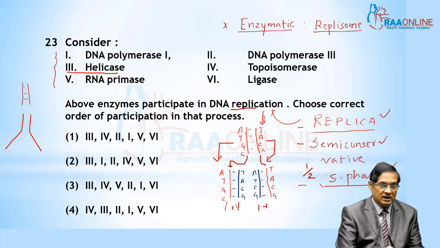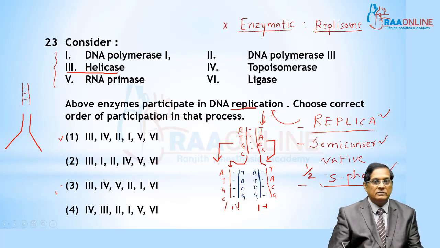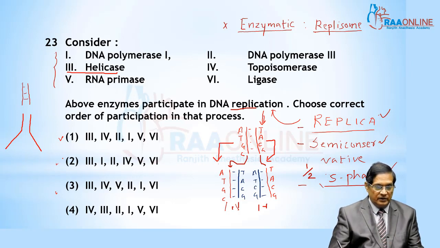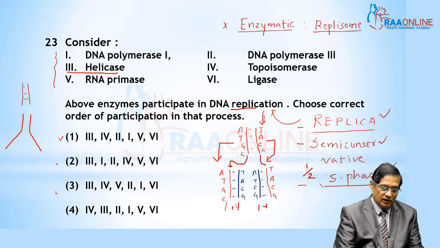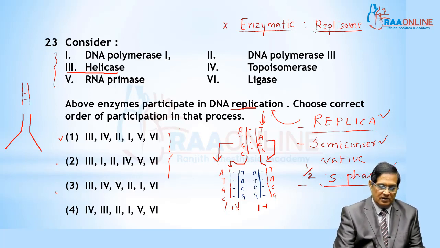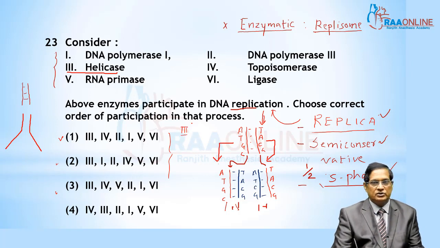If it starts with 3, then there are two options, 1 and 3. Even the second one also starts with 3. So we have to choose now. We have three options from which we have to select the answer. So first one, that is 3, the role of helicase for the separation of two strands.